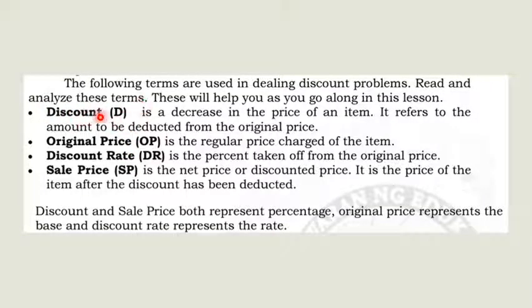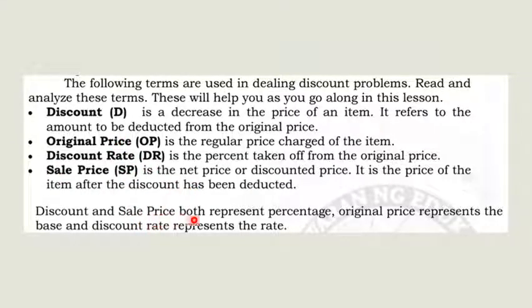Halimbawa, yung original price is 100, nabawasan siya ng 20, kasi 20% discount. I-minus natin yung 20 doon sa original price para makuha natin yung sale price. Ito na yung babayaran mo after mong mabawas yung discount doon sa original price.